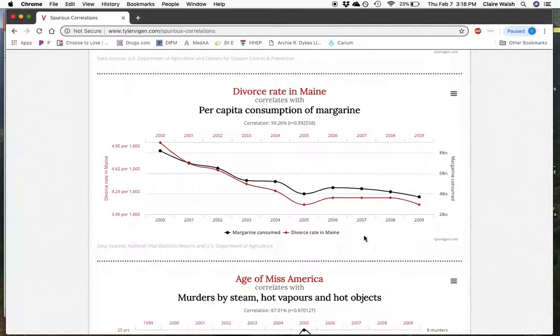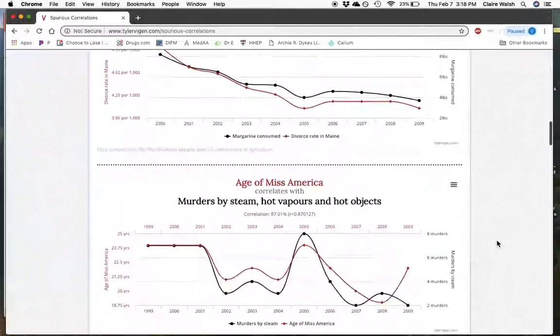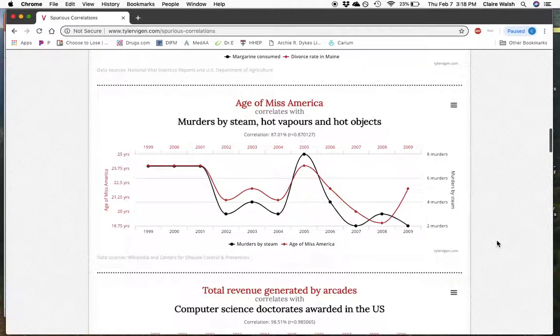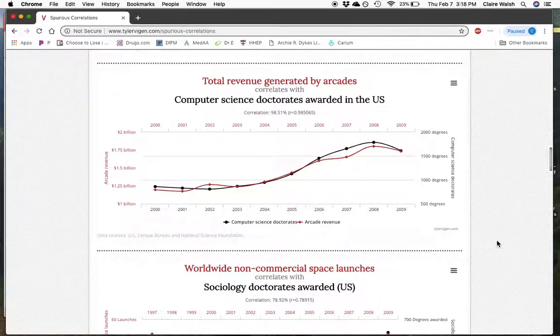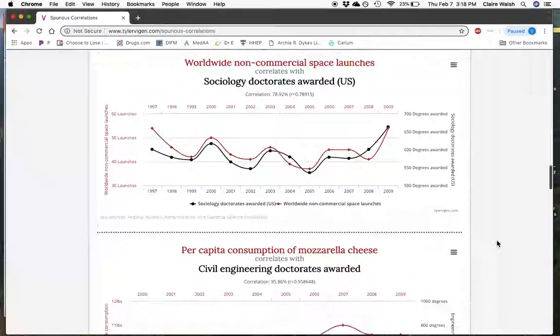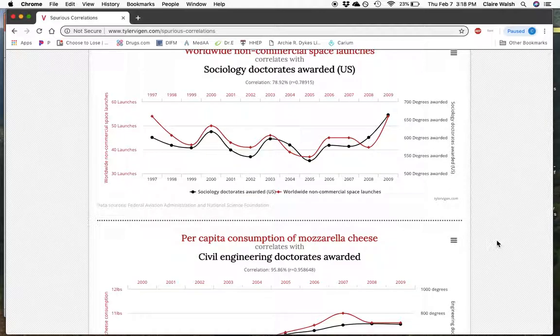So it looks like margarine consumption has declined along with the divorce rate in Maine. I doubt very seriously that those are related. And there's a whole host of these. I'd encourage you to just scroll through them because they're kind of funny.